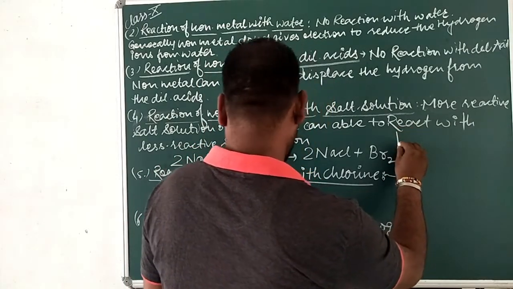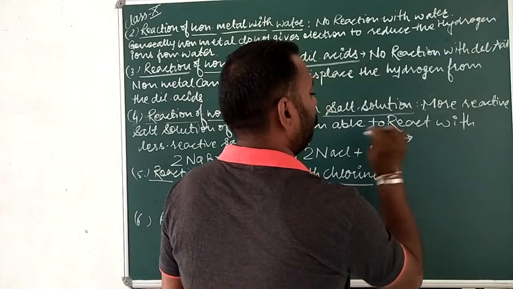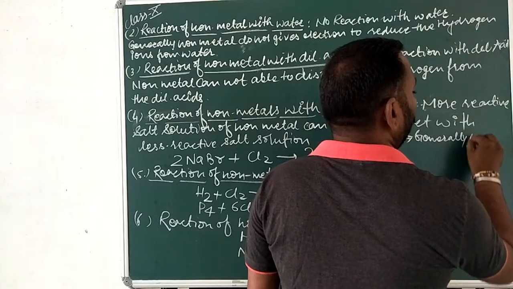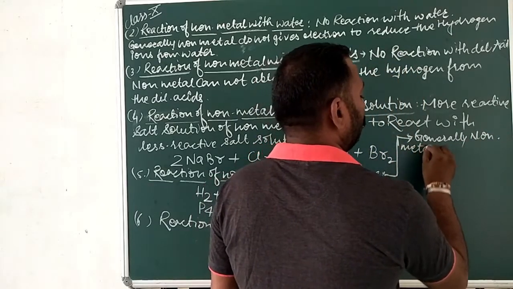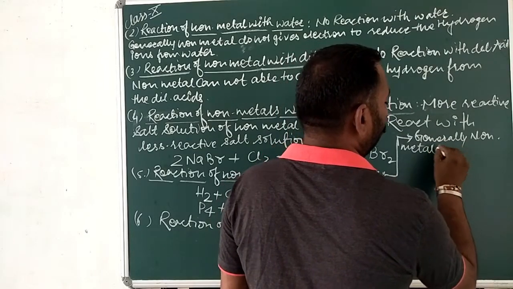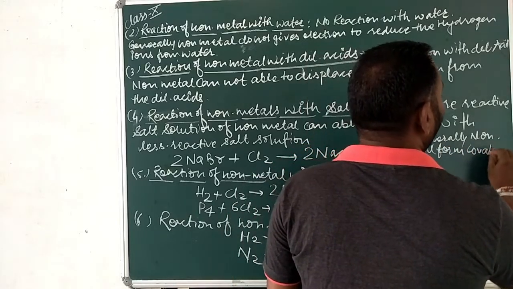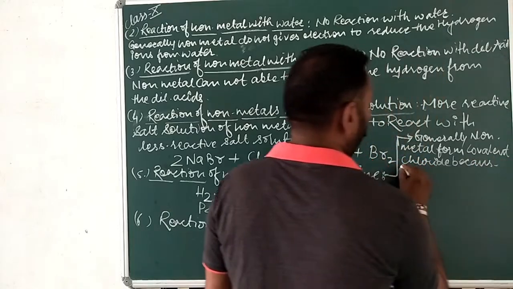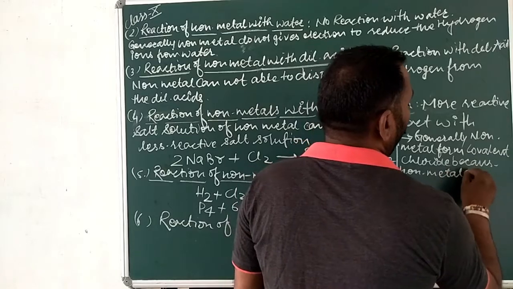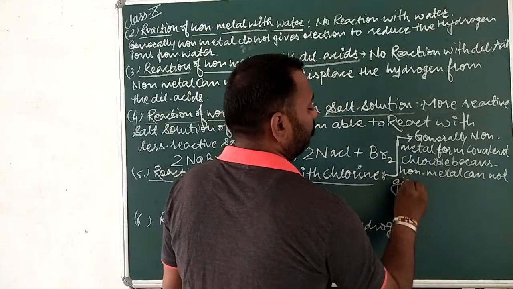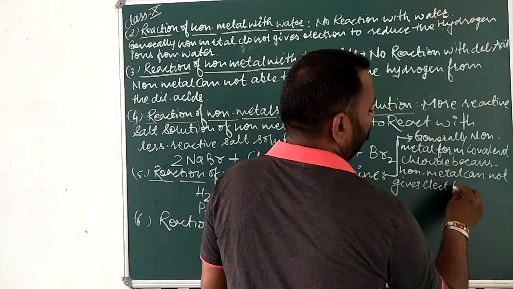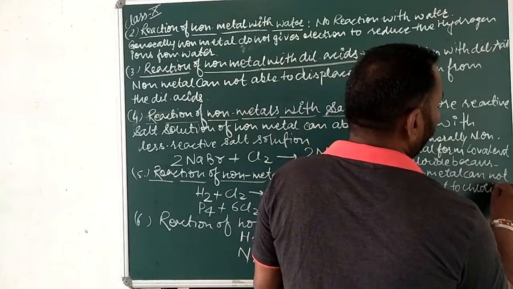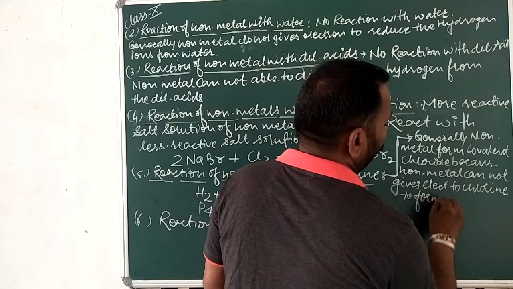Look, generally non-metals form covalent chlorides because non-metals cannot give electrons to chlorine to form chlorides.